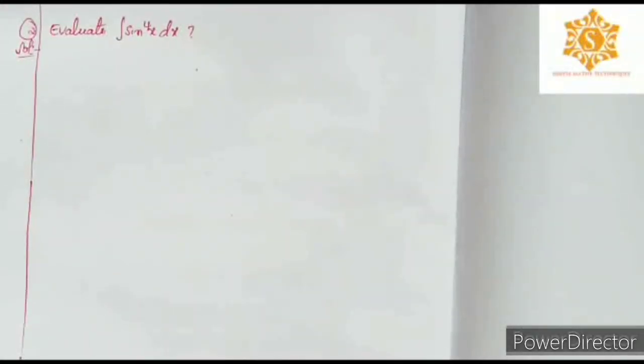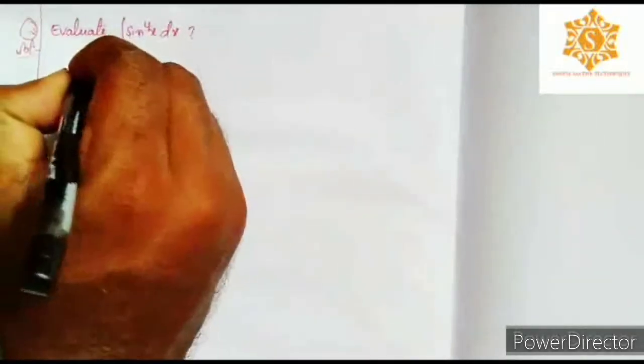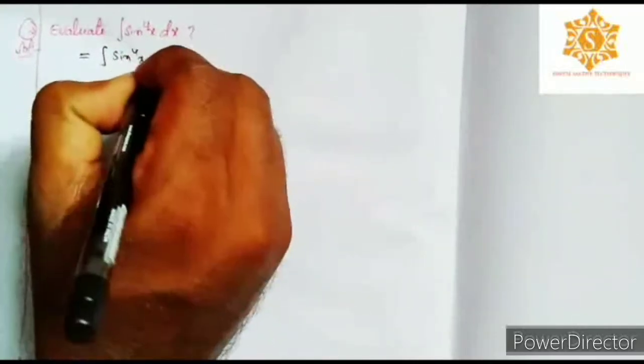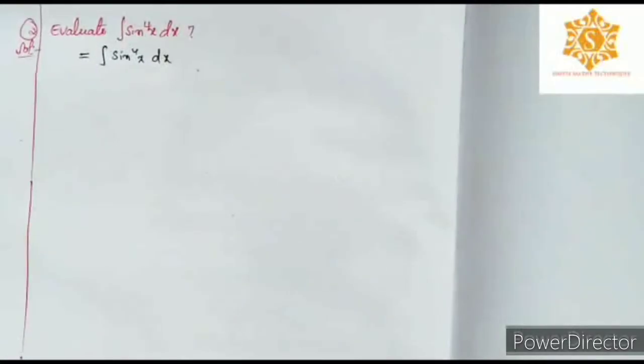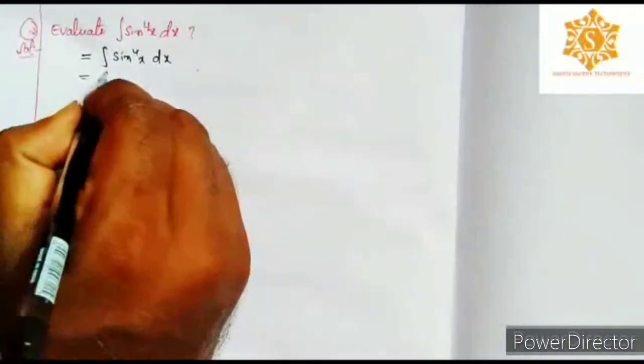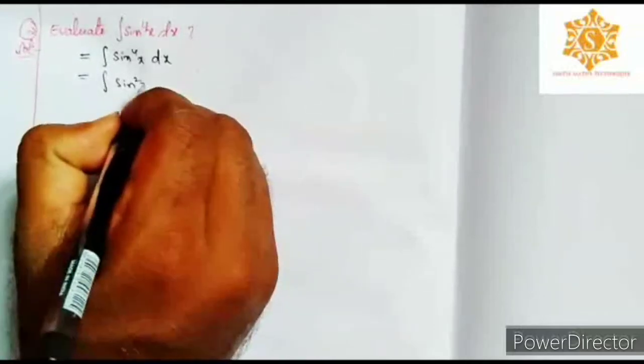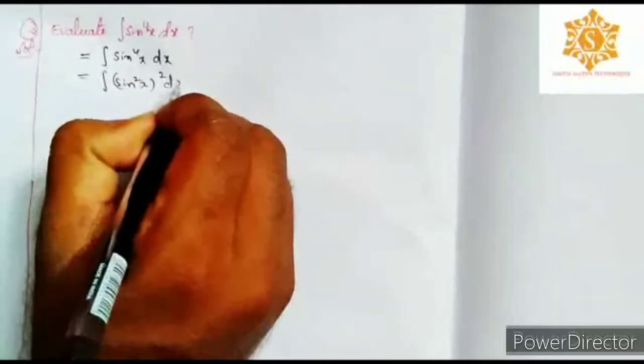Next problem, evaluate integration of sin to the power of 4x dx. Given that integration of sin to the power of 4x dx, you can write integration of sin to the power of 4x dx as sin square x whole square dx.